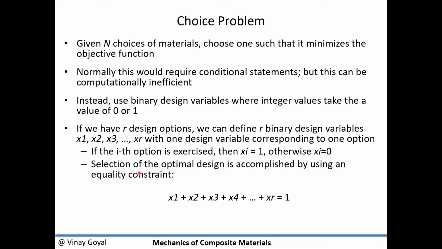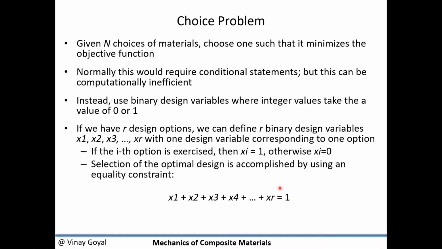So the idea is, how can I select one option out of R options? One thing I can do is create an equality constraint that says x1 plus x2 plus x3 all the way to xr is equal to 1. Since each variable can be either 0 or 1, this forces me to select one of these options. If x4 is 1, then everything else has to be 0 because I added them all up, and that has to be equal to 1.